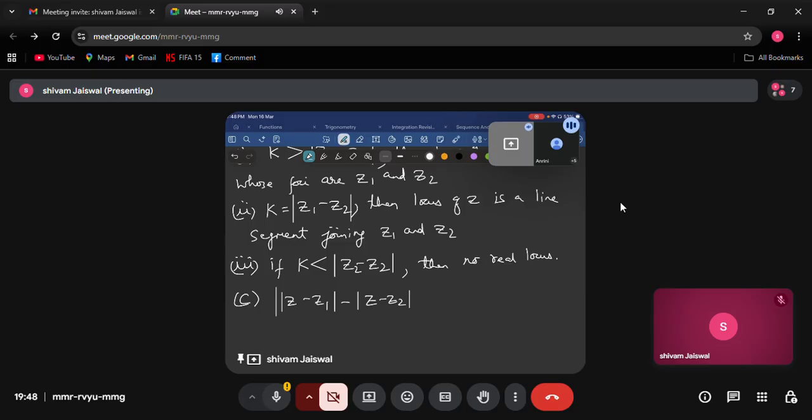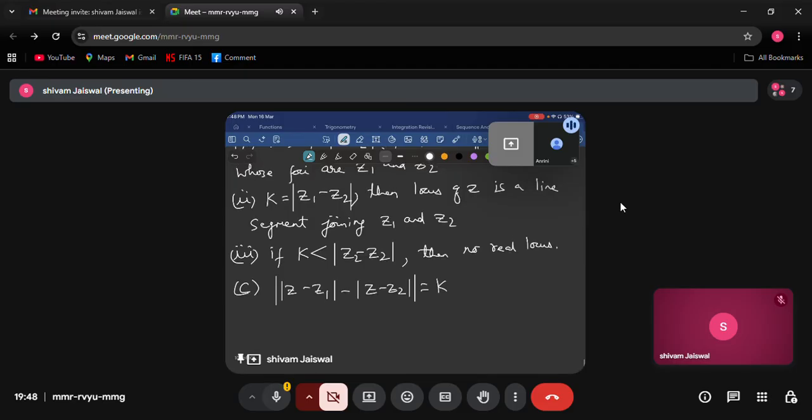What does it represent? Tell me. What will it represent? The hyperbola. Number 1. If k is less than mod of z1 minus z2, then only it will represent a hyperbola.